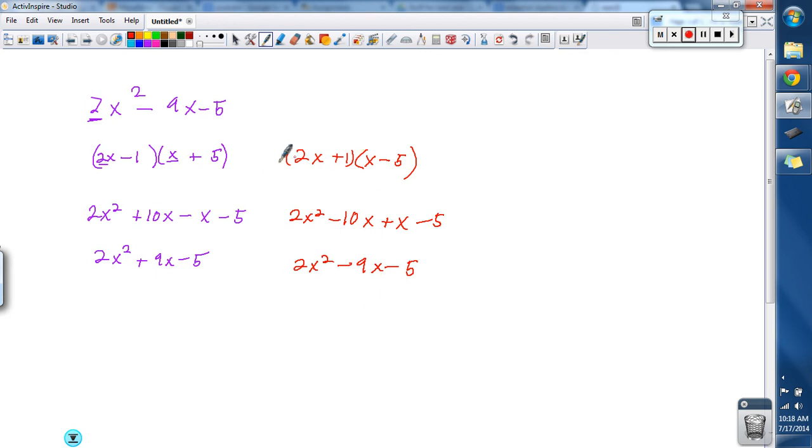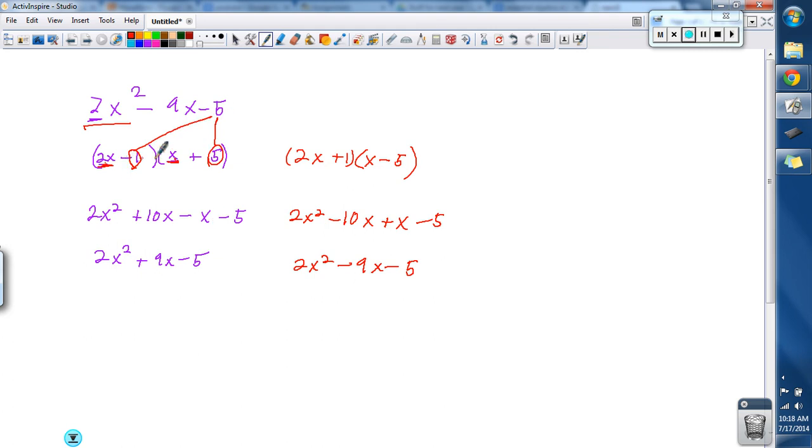So again, the key to factoring something that looks like this is to first find out what your first 2 terms are. So remember that these 2 terms have to multiply together to get this term, and then the last terms have to multiply together to get this last term in the original thing.